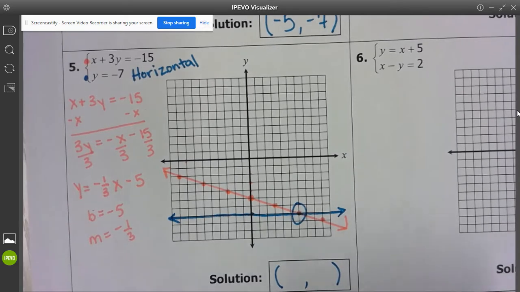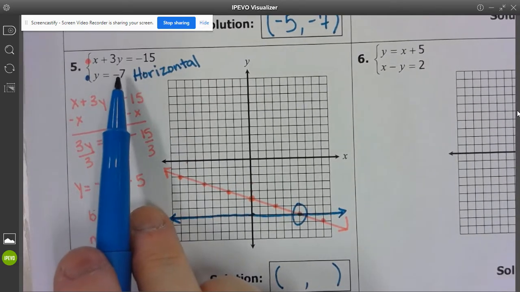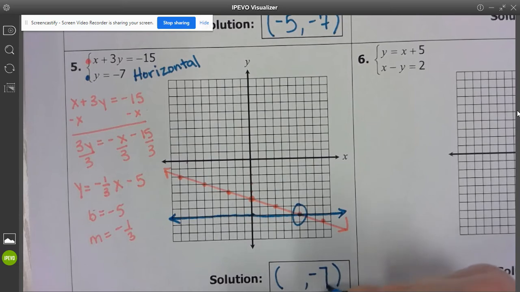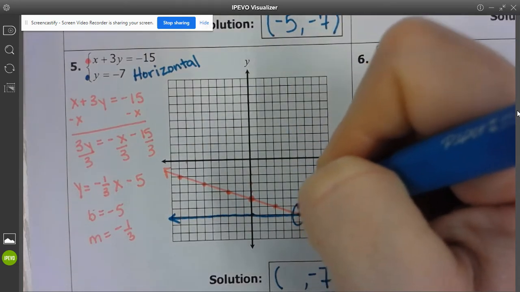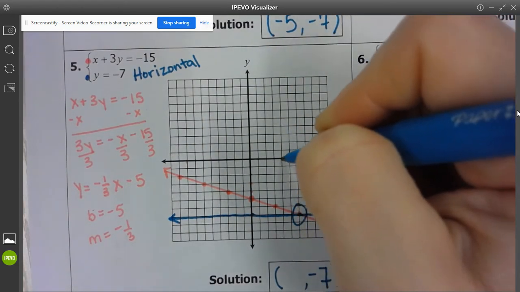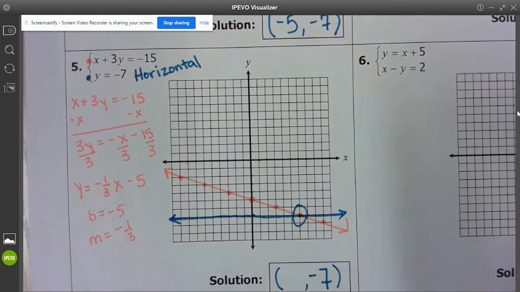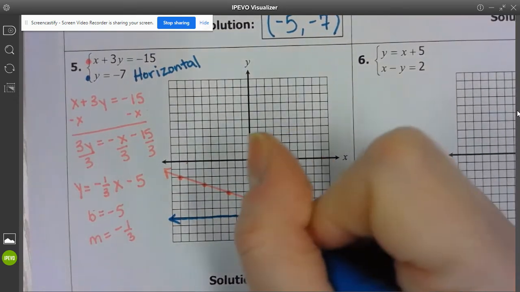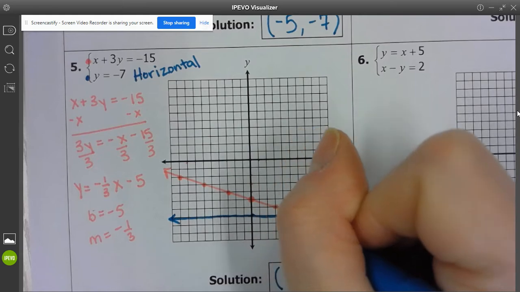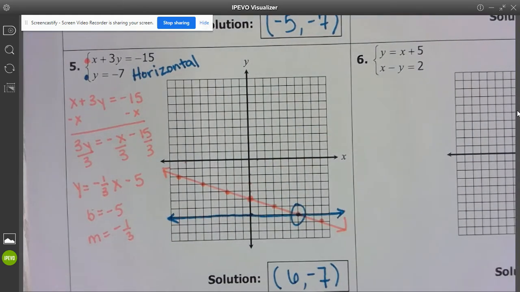Now, I already know the y value because it says so right here. I just need to find x, which would be 1, 2, 3, 4, 5, 6. So the point there is 6, negative 7.